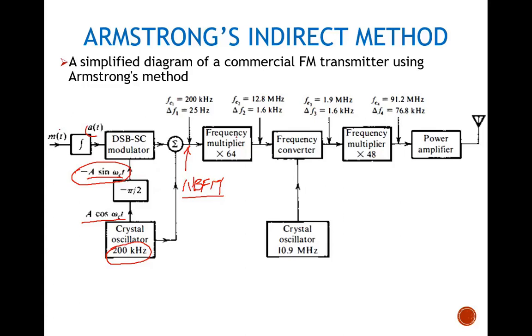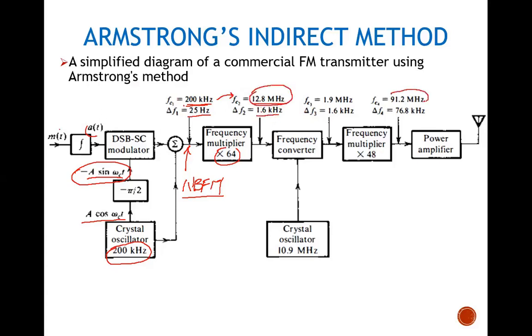Now we want to multiply the frequency. Let's say we multiply it by 64. At this point, the carrier frequency is 200 kilohertz and the deviation is 25 hertz. When we multiply it by 64, we get a carrier frequency of 12.8 megahertz and the deviation becomes 1.6 kilohertz. Now let's say we do not want such a high carrier frequency.